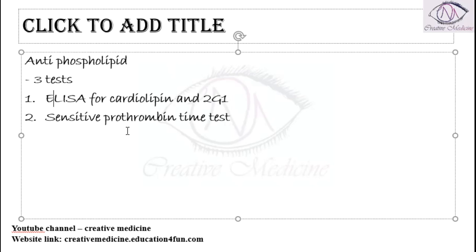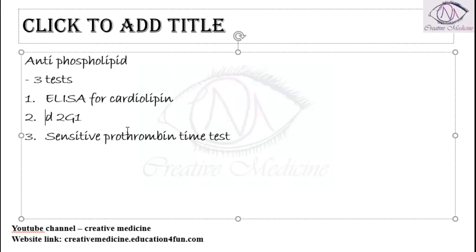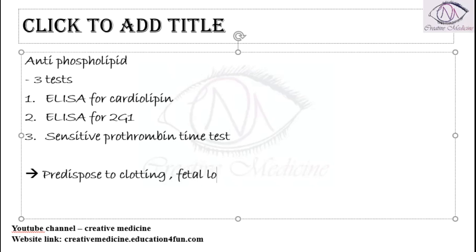So these are the three tests: ELISA for cardiolipin, ELISA for beta-2 glycoprotein 1, or sensitive prothrombin tests. This antiphospholipid antibody will predispose the individual to clotting, fetal loss and thrombocytopenia.